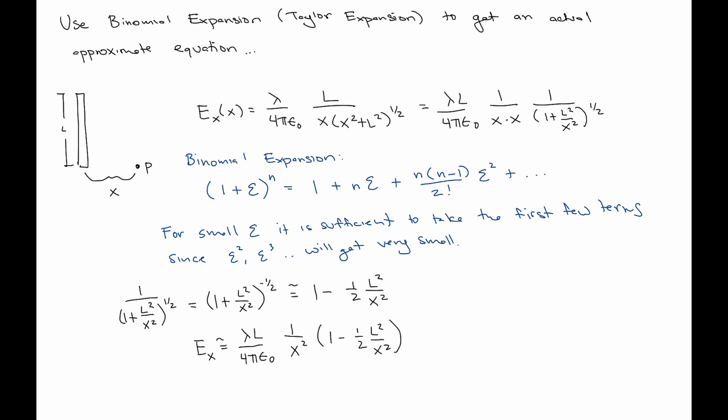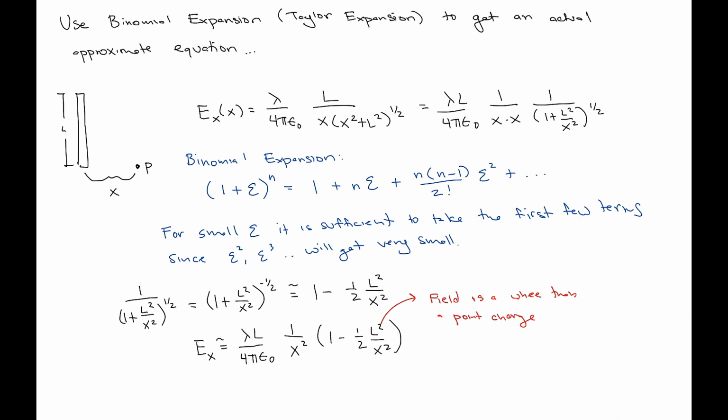But by using the binomial expansion, I have a higher order term here that tells me, to first order, how much it deviates from a point charge. This is small if X is much, much greater than L. But what it does tell me is that the field is just a little bit smaller than a point charge.